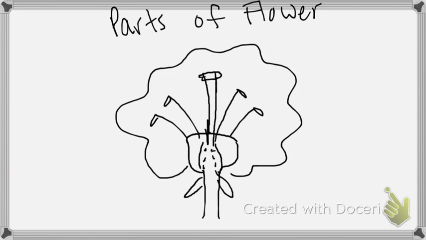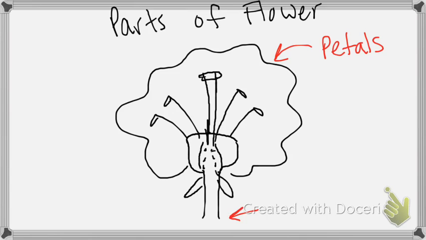So let's label these parts of the flower together. Right, so we'll start from the outside, the obvious part. These are our petals. Okay, the petals' job is to just make the plant look pretty and attractive to pollinators who are going to come and get the pollen and to get the nectar from the plant, and as a consequence end up pollinating the plant, which is the ultimate goal, so that we can create a fruit and those seeds can be dispersed and then grow into a new plant.